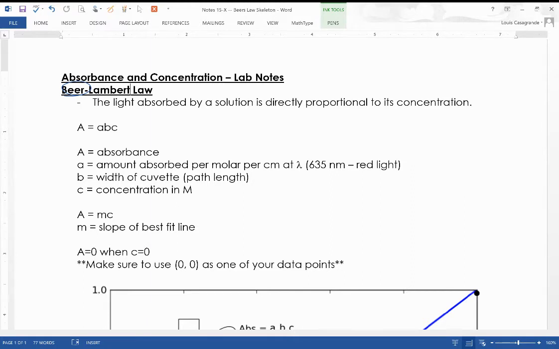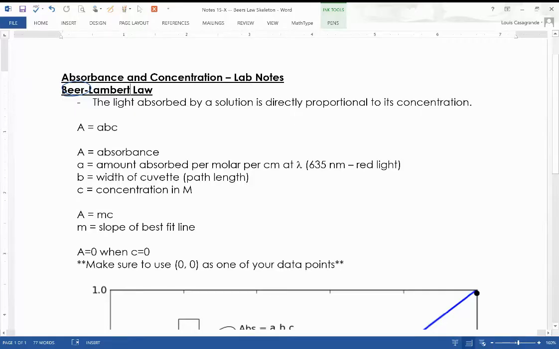This law is relatively simple. It's going to play a bit of a role in the lab, and that is that the light absorbed by a solution, we're going to call that capital A, is directly proportional.